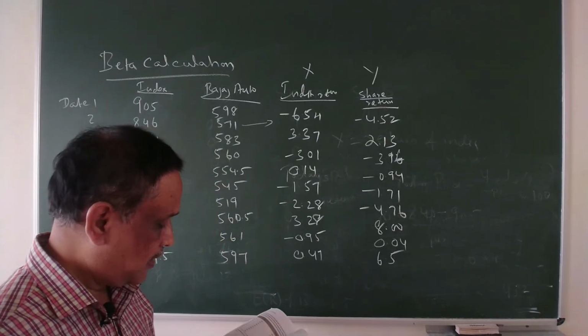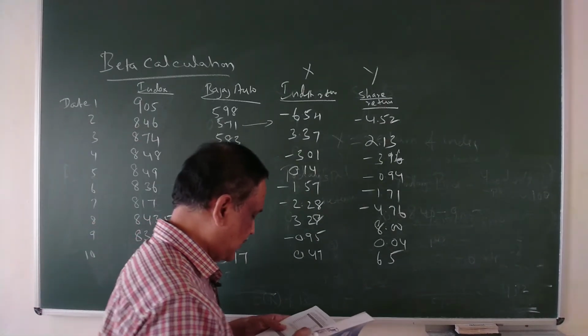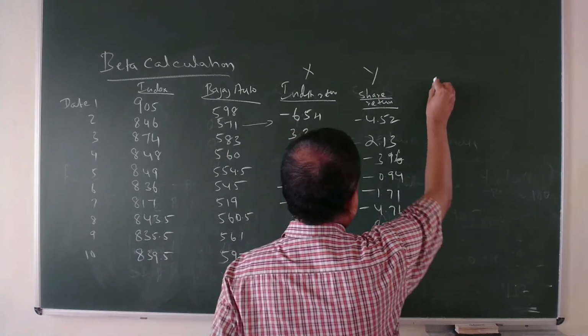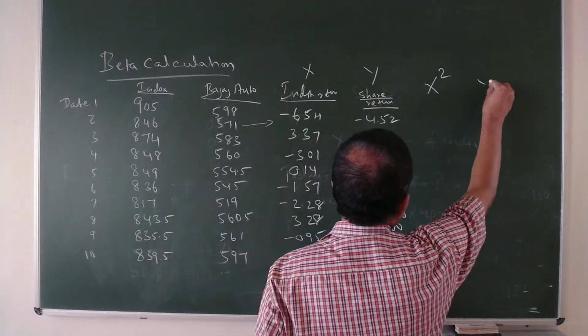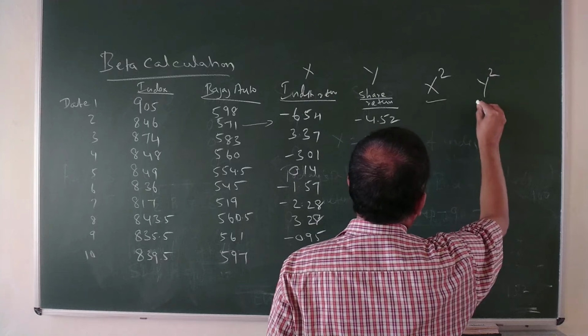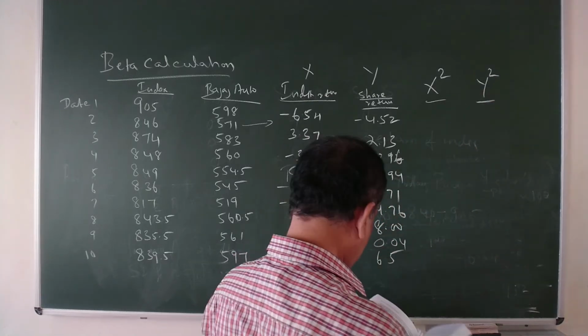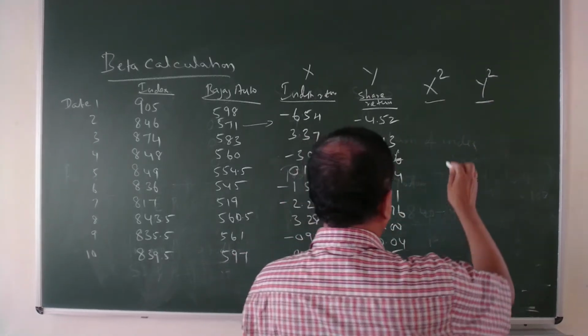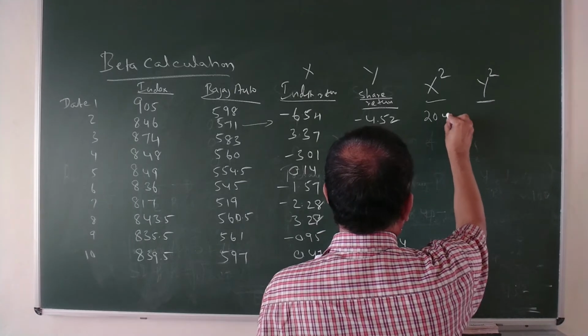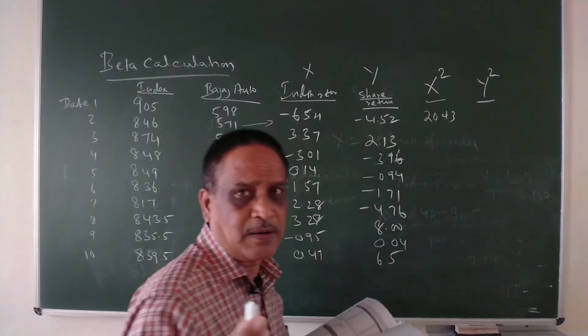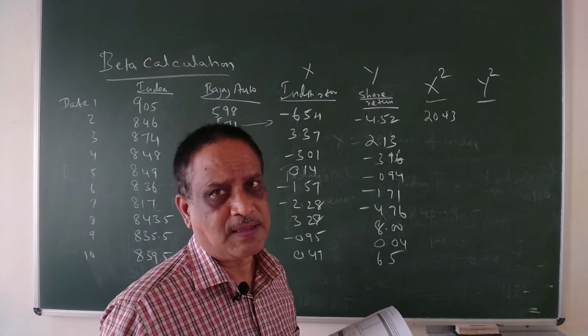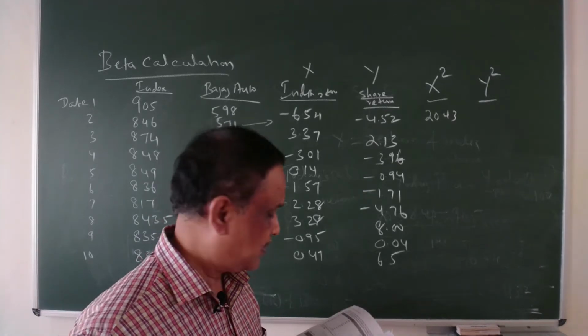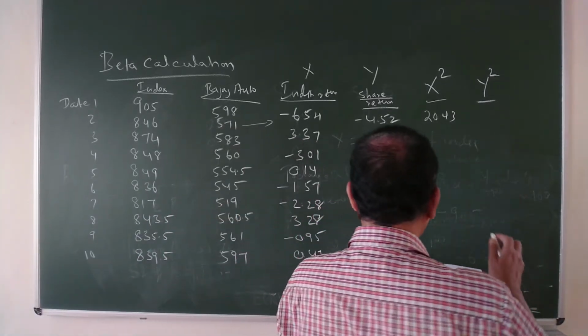Now you find out what is x square and y square. I will tell you the values, but you can do it on your own and check the answer. That would help you in learning.